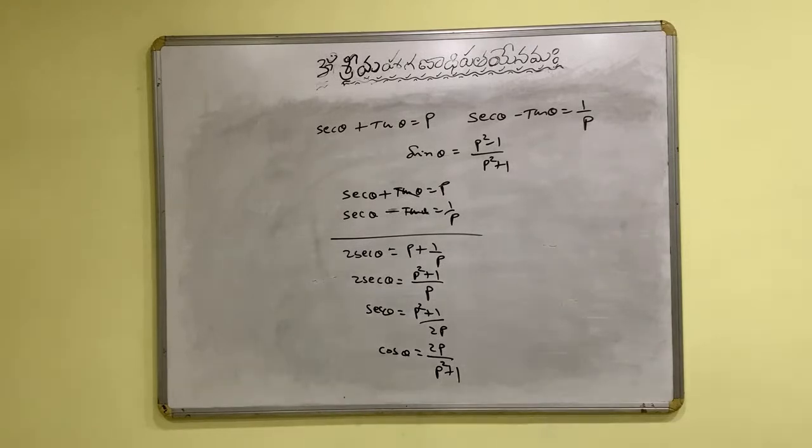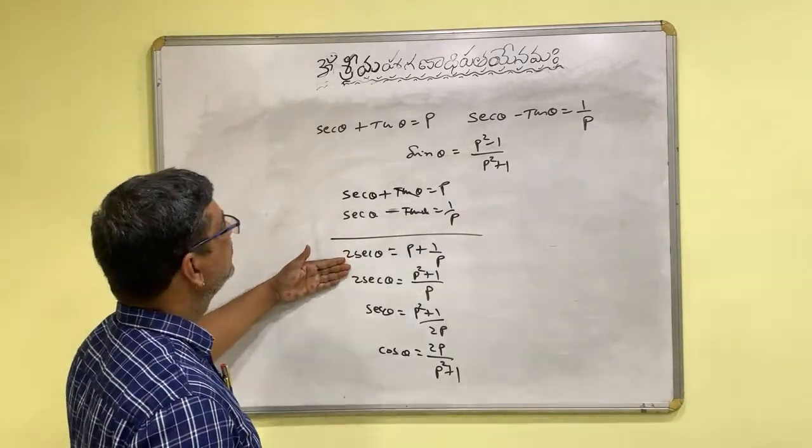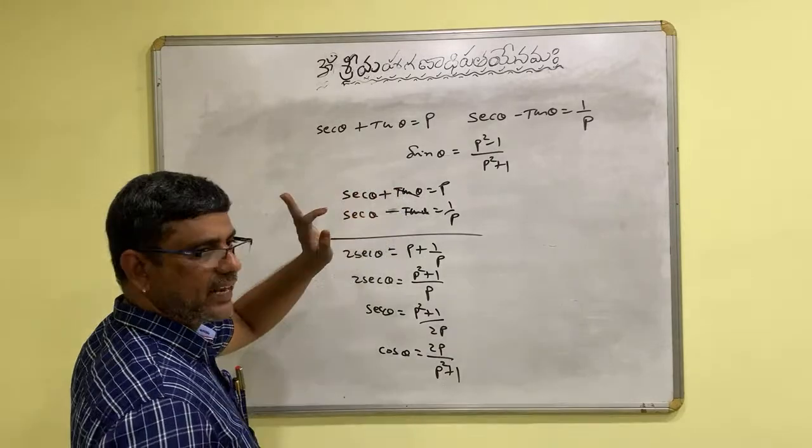We have two equations, secant theta plus tan theta is equal to P, secant theta minus tan theta is equal to 1 by P. I am asking to add both the equations. Secant theta plus secant theta, 2 secant theta. Tan theta minus tan theta gets cancelled.